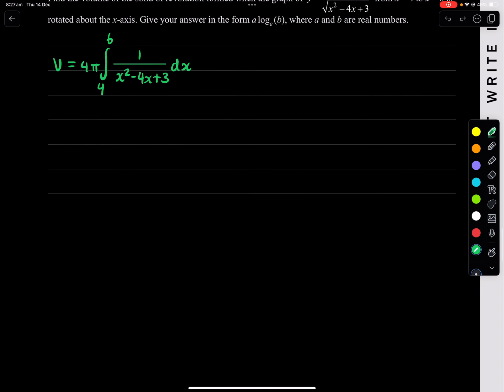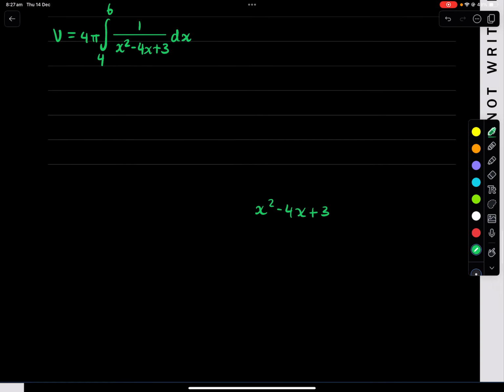So I'm just going to complete the square. If I was completing the square for x squared minus 4x plus 3, it's going to be x squared minus 4x plus 4 minus 4 plus 3, which is just x minus 2 squared, and 3 minus 4 happens to be minus 1. Is everything great? Yes, looks good.